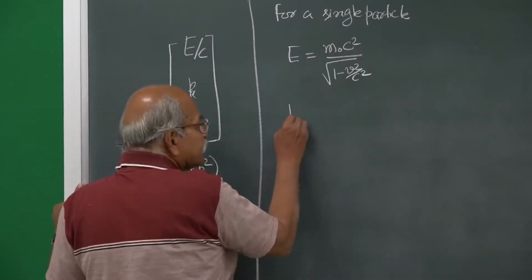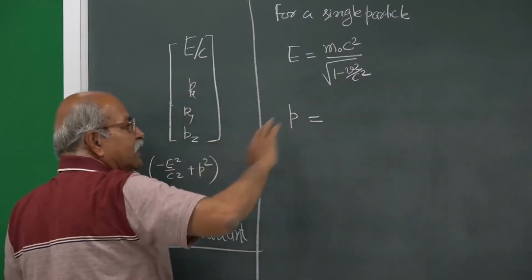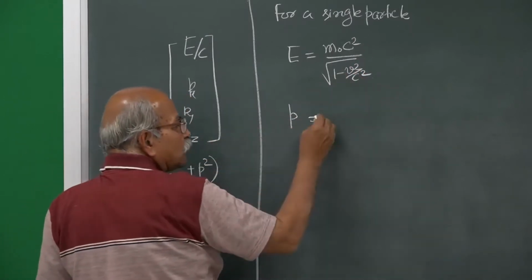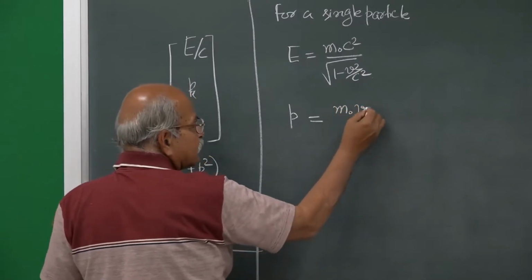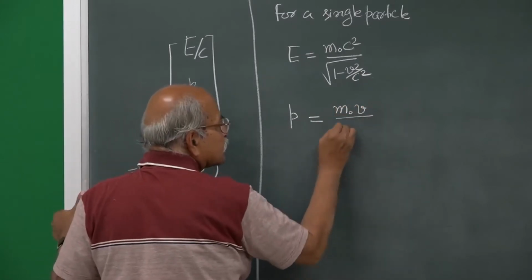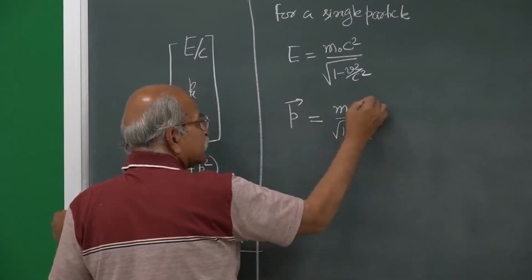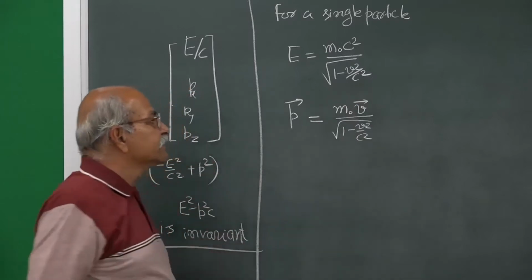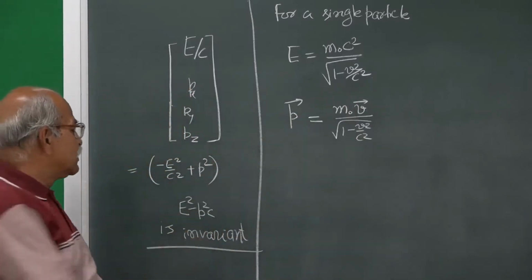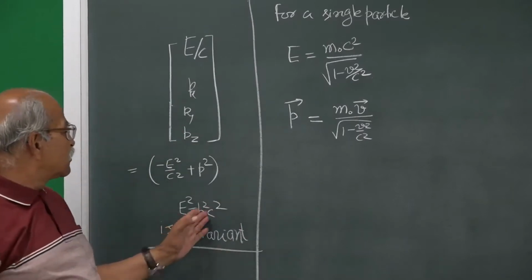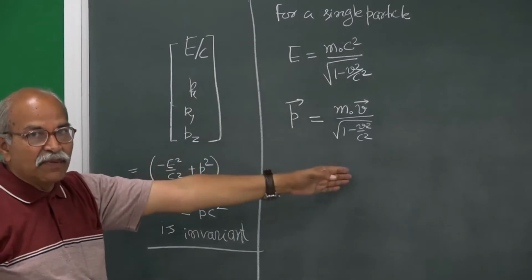and P is given by, let us take going in x direction. So, P will be m naught times V times gamma, that is, divided by square root of 1 minus V square by c square. If you take the vector, it is this, that is P. So, what is E square minus P square c square? For this particular case, a single particle, you can calculate from here.